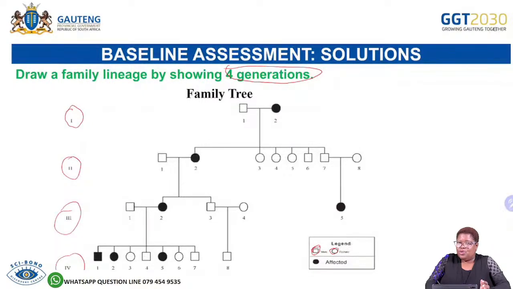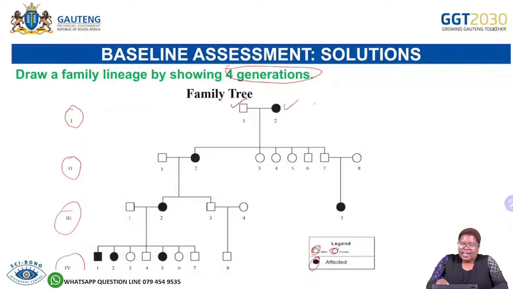For now, I'm going to use the words affected and not affected. But in your exam papers, they will maybe give you the type of disorder there, so you need to be specific, right? Now we've got a female who is affected. So we've got a male, not affected, and a female, affected, right?